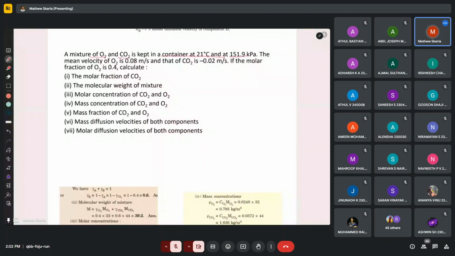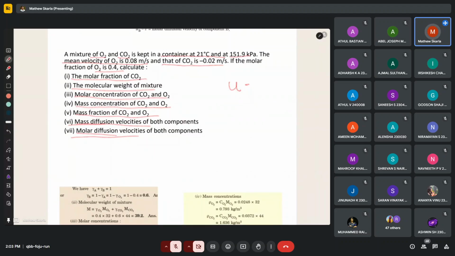The mean velocity of oxygen is 0.02 meter per second, mean velocity u is what is given, and that of carbon dioxide is -0.02. Okay, the molar fraction of oxygen is 0.4. Calculate the molar fraction of CO2, molecular weight of the mixture, then molar concentration of CO2 and O2, mass concentration of CO2. So different parameters you have to evaluate. So molar mass diffusion, molar diffusion, etc. So let us see how to do this problem.